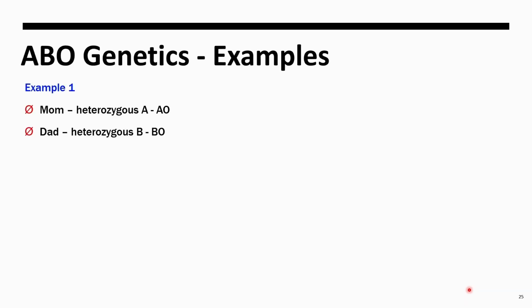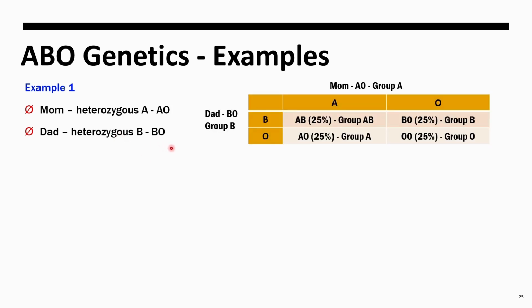So let's go into some examples so you can understand this further. If your mom is heterozygous A, the only available genotype is AO. And if your dad is heterozygous B, it should be BO. So what do the children look like?